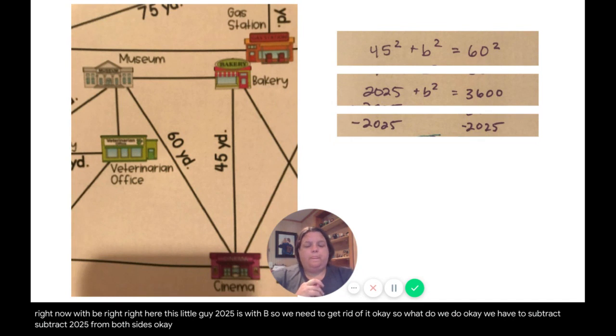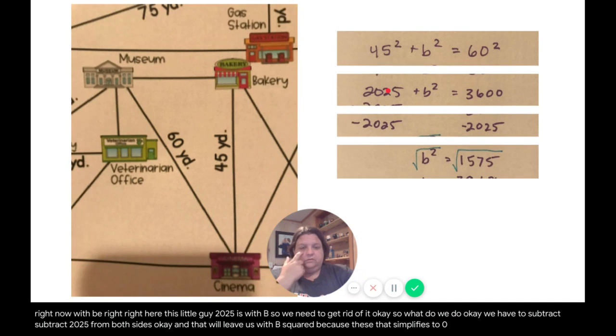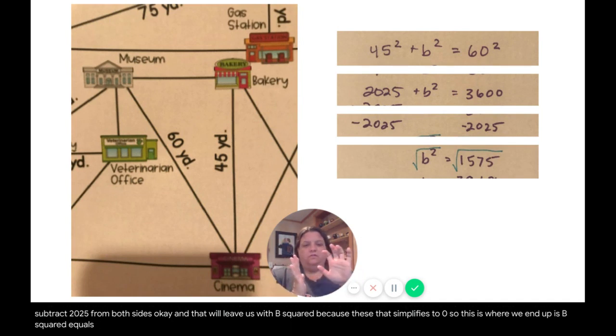And that will leave us with b squared, because that simplifies to 0. So this is where we end up, b squared equals 1,575. Now we need to take the square root.